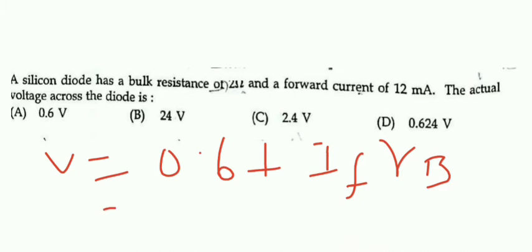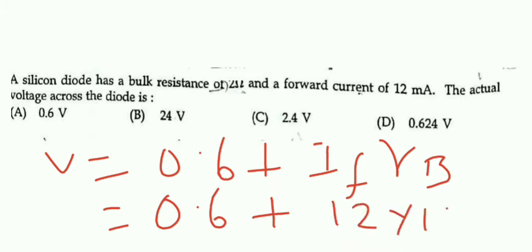So forward current is 12 milliamps, 12 into 10 power minus 3, and the bulk resistance is 2 ohm. If you simplify this, what you get is 0.624 volt. So option D is the right answer.